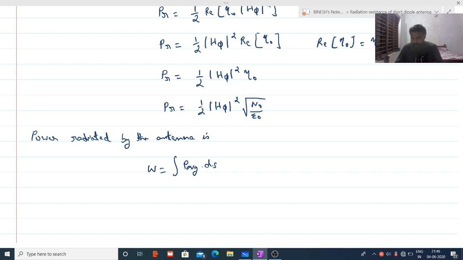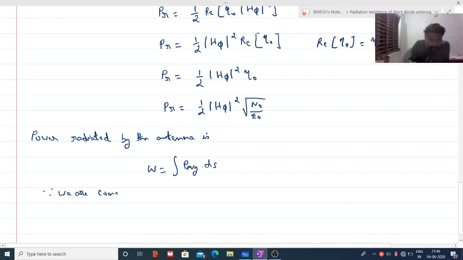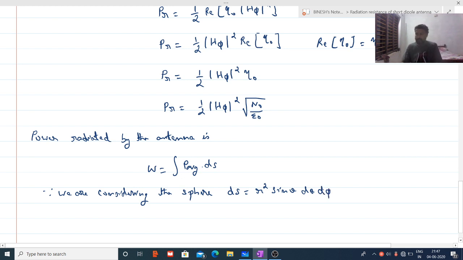So since we are considering the sphere, we can write ds equal to r square sin theta d theta d phi.